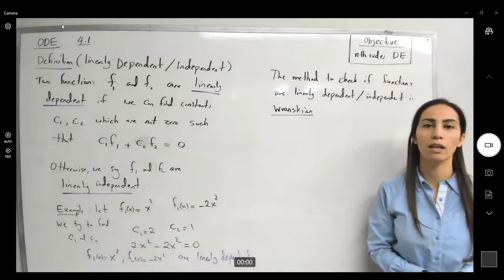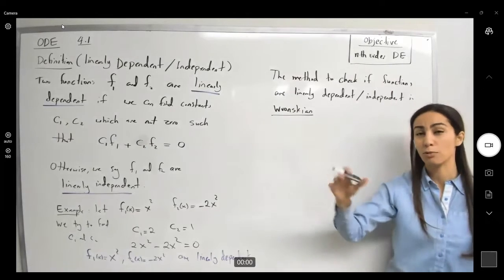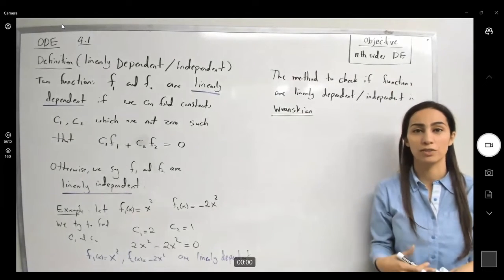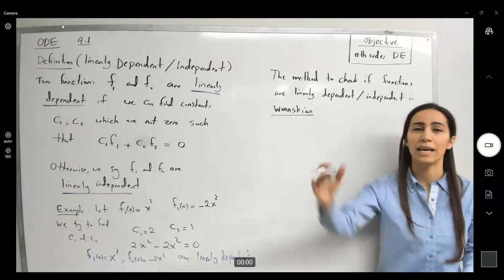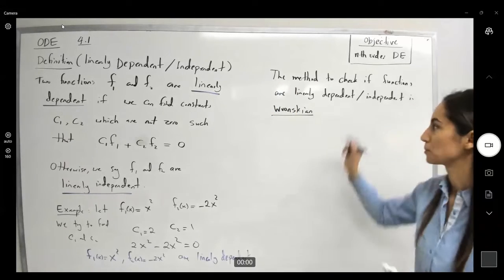Wronskian says, well, suppose you have functions f1, f2, f3, fn, and suppose you can take the derivatives of them, and n minus 1 derivatives of those n functions exist.